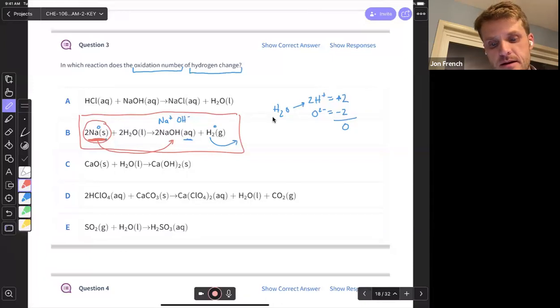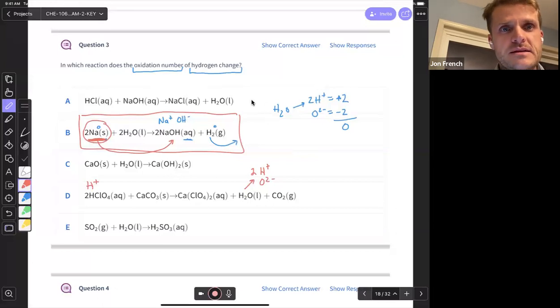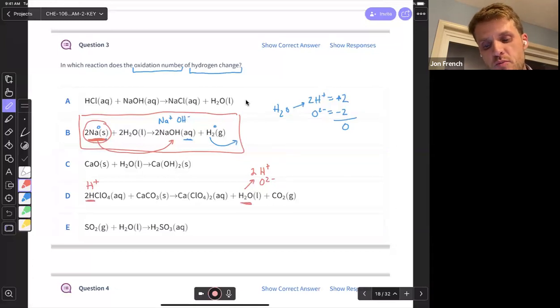D is not the answer because if we look here, hydrogen is +1. If we ionize that acid, hydrogen is +1. And if we break apart water, I've got 2 hydrogens at +1, and I've got oxygen at 2-. So D is not the answer because hydrogen is +1 here, and it's also +1 here.